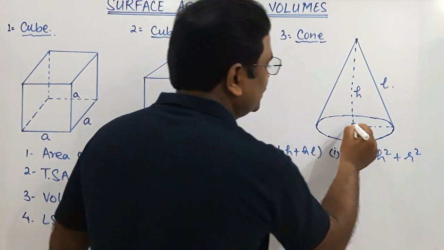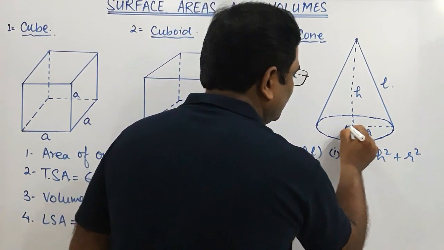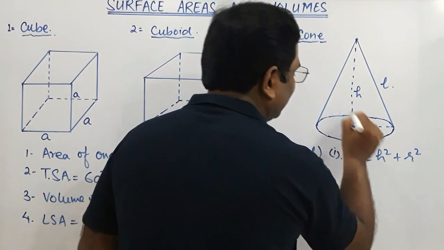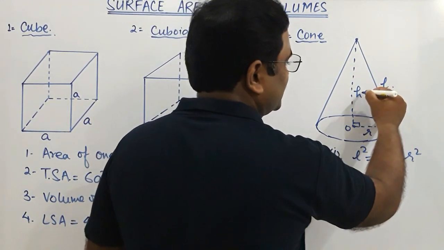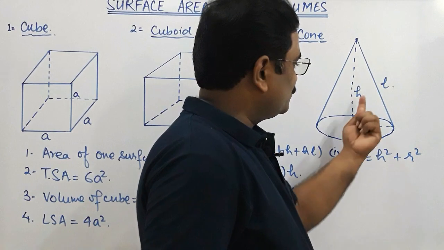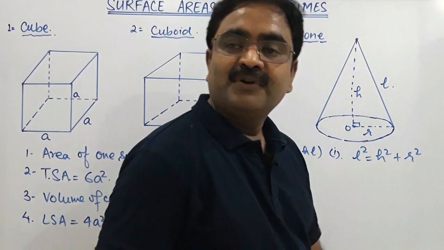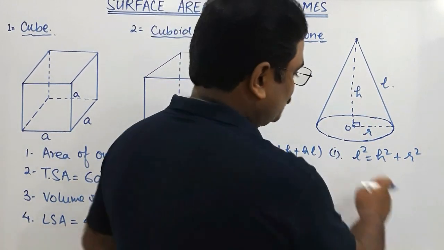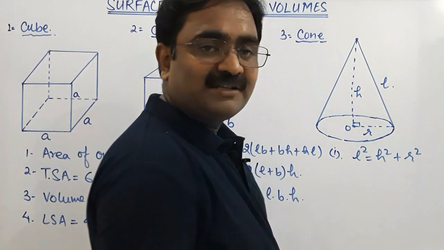Why? Because at the center of this cone you get a right angle triangle. So this is the hypotenuse, this is height, and this is base. So square of L is equal to square of h plus square of r, that is radius, means L square is equal to h square plus r square.